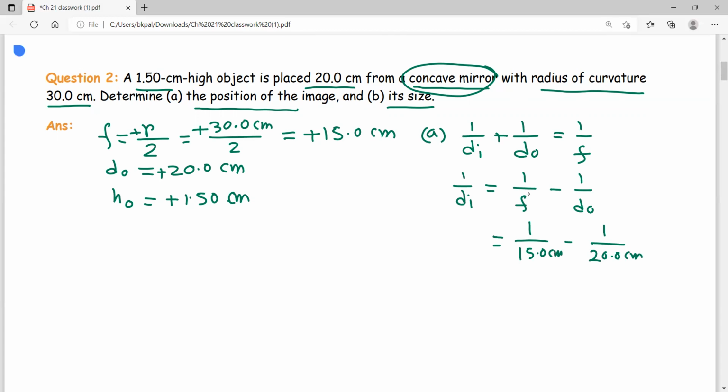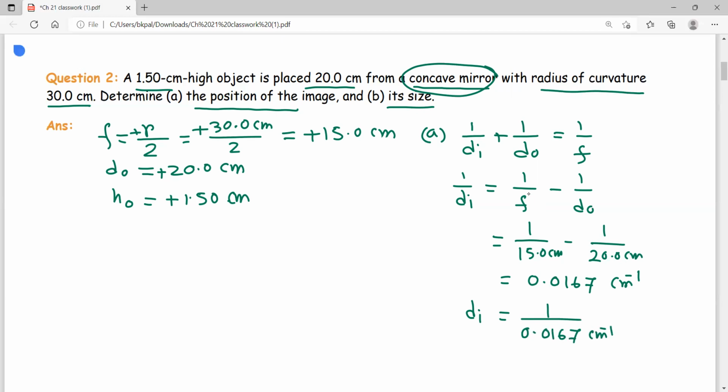If I do this math, I get 0.0167 centimeter inverse. Now you see that what we calculated here is 1 over d_i, and I want to know d_i, not 1 over d_i. So what we have to do is take the inverse. What it means is we have to do something like this.